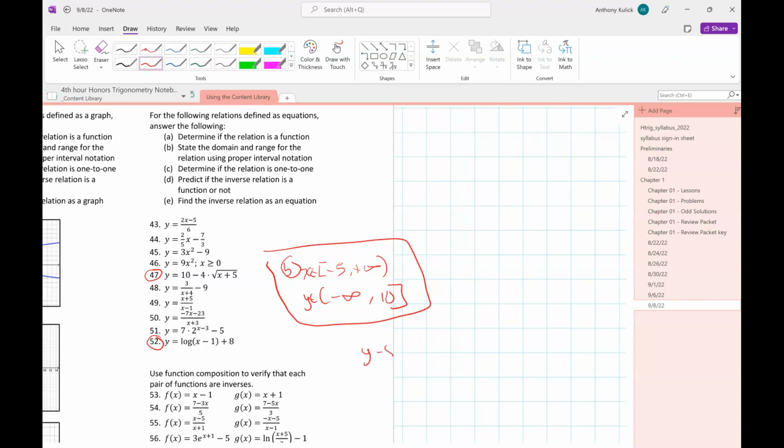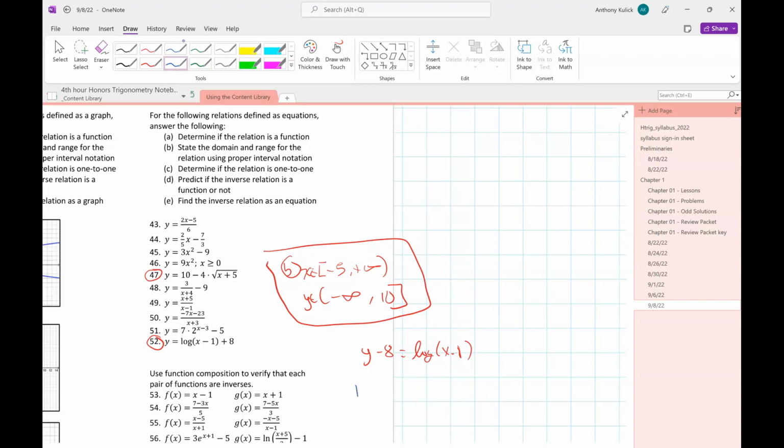So we'll subtract 8 first to get the log by itself. What's the best way to cancel out a regular old log? An exponent with base 10.